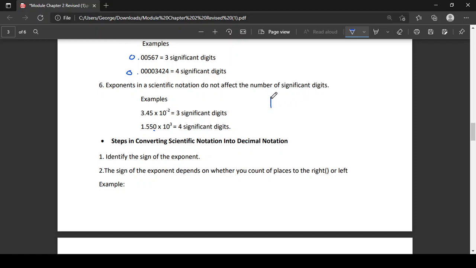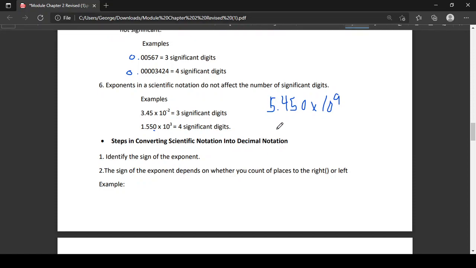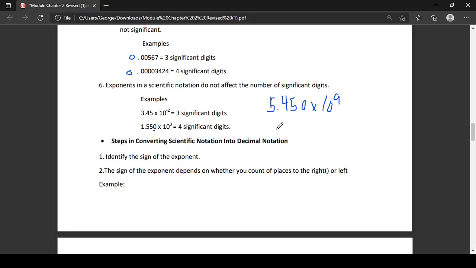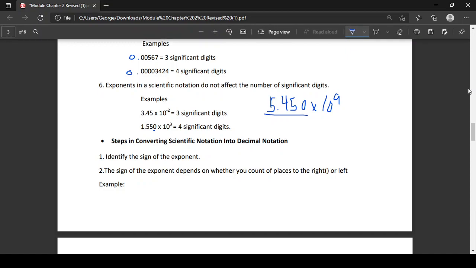Next, 5.450 times 10 raised to the power of 9. 4, sir. Counted din sila tanan basta naka-scientific notation. Again, if they are in scientific notation, counted na sila tanan.